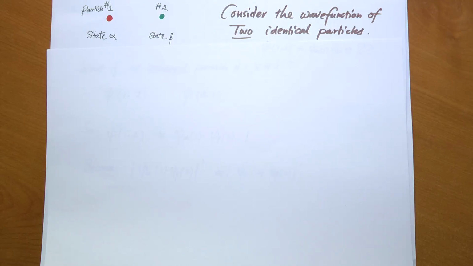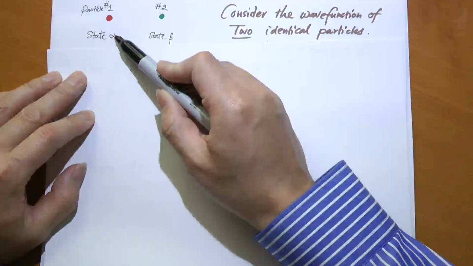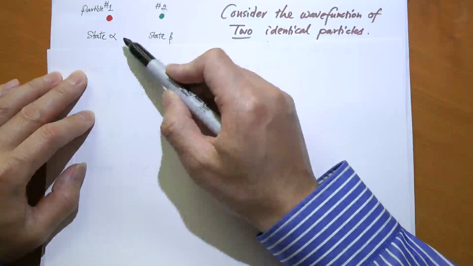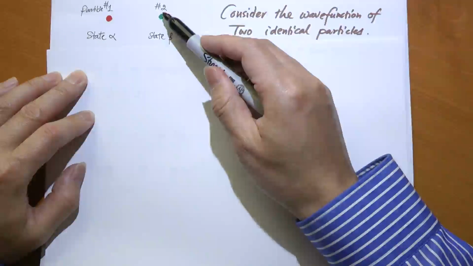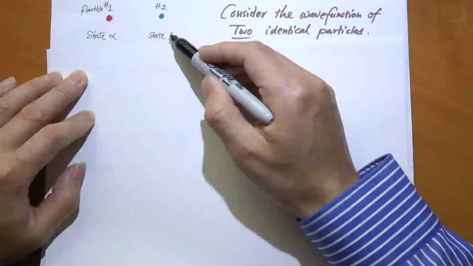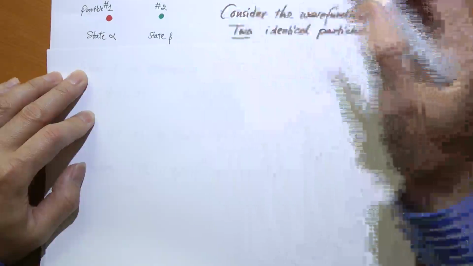This puts a restriction on how I can write the wave functions involving more than one particle, if these particles are identical, such as two electrons. I have particle 1 in a state labeled alpha. Alpha can really be a collection of quantum numbers such as n, l, whatever. And I have another identical particle, particle number 2, in a state called beta. Beta, again, is a collection of quantum numbers such as n, l, m, and so on.